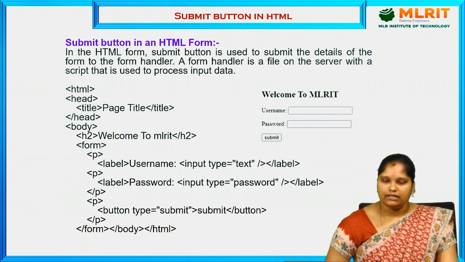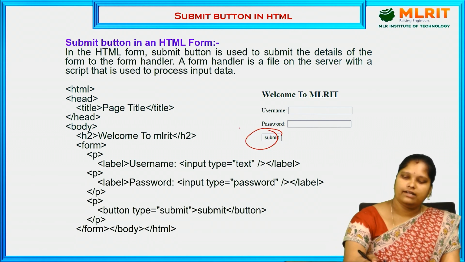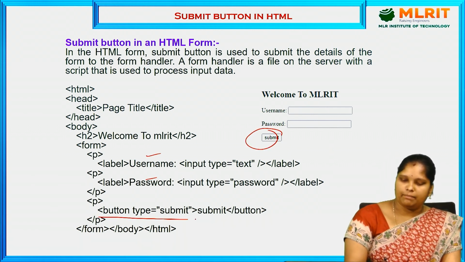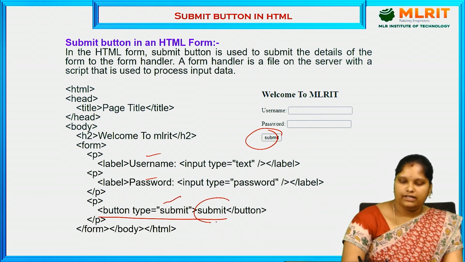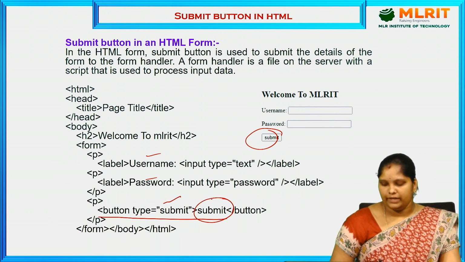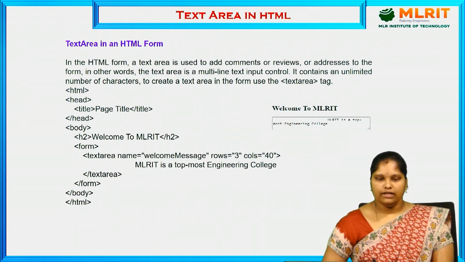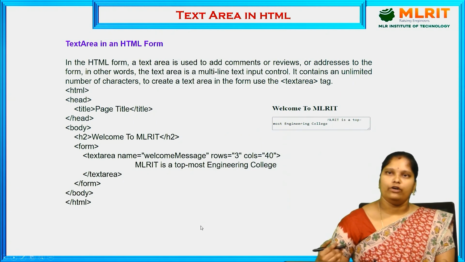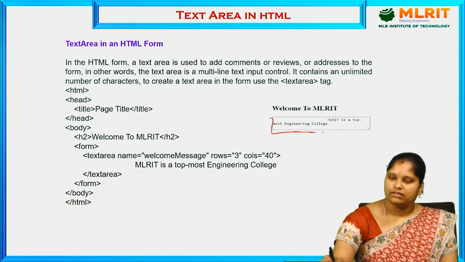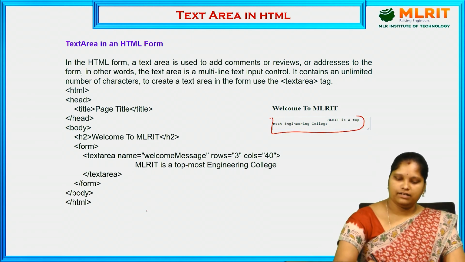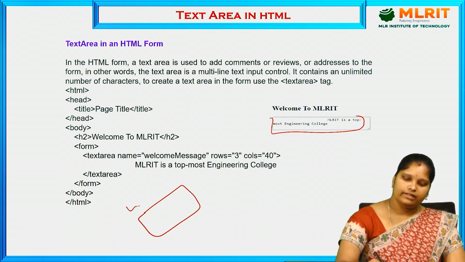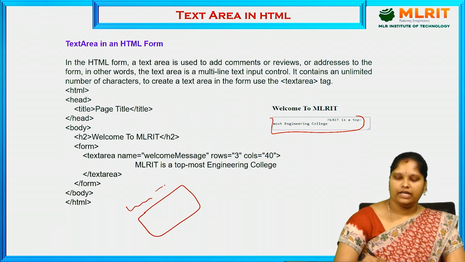And the submit button, we already discussed: button type equals submit, and the label of that button is submit. And next, text area. If you want to insert some text, in feedback forms one field is there to give some comments.